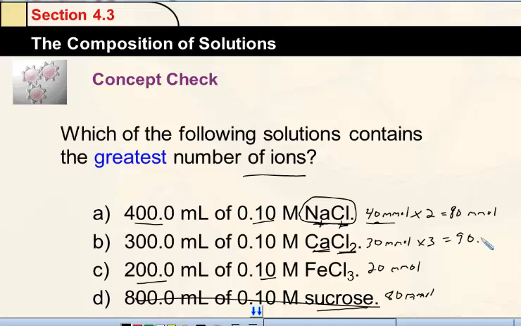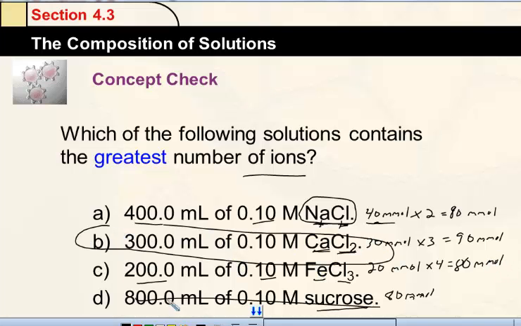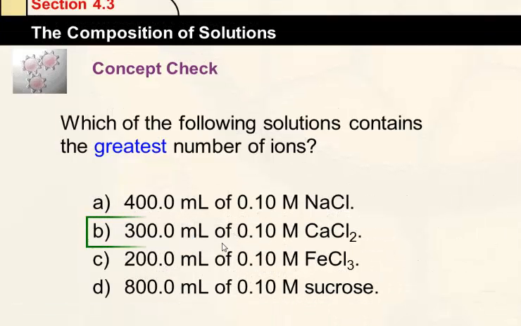That gives me 90 millimoles of ions. And here I have 1 plus 3, so 4 ions, because there's 1 iron and 3 chlorides for every 1 FeCl3. That would give me 80 millimoles of ions. So that means that B here is the winner, the one that would have the greatest number of ions. So there we go.